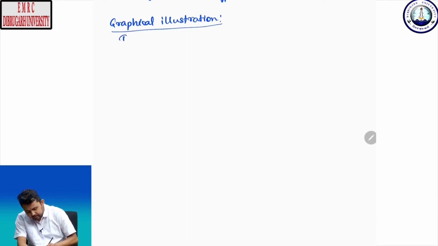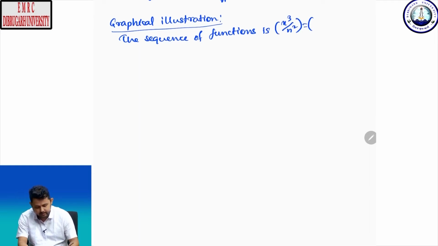So, the given sequence of functions is x cube by n square, right. So, that means the terms of this sequence are x cube by 4, x cube by 9, x cube by 16 and so on.